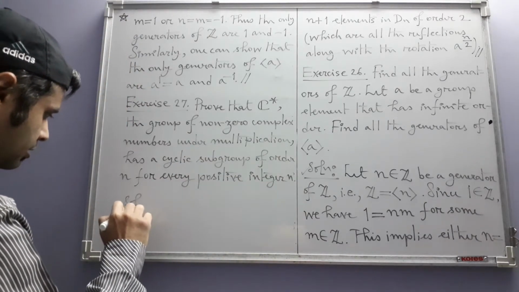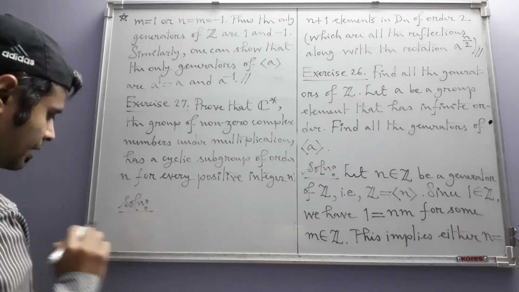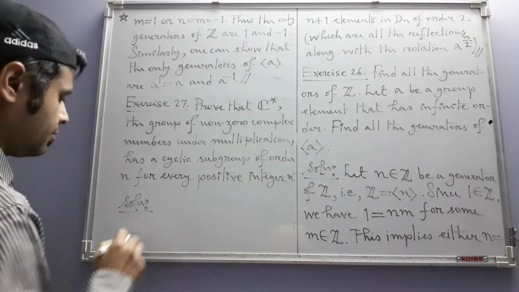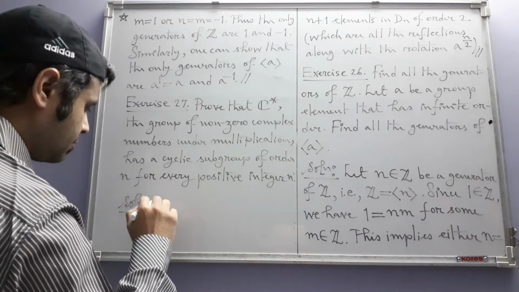So here in the solution we just have to actually show the cyclic subgroup, because we can, and that's how the solution will be presented.